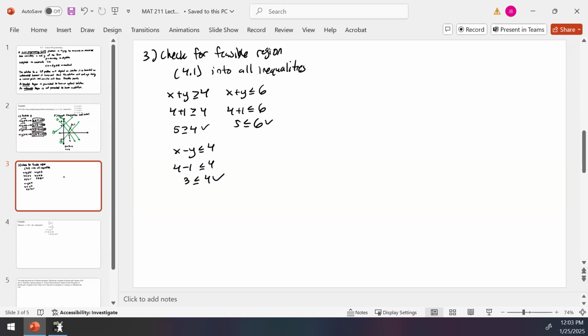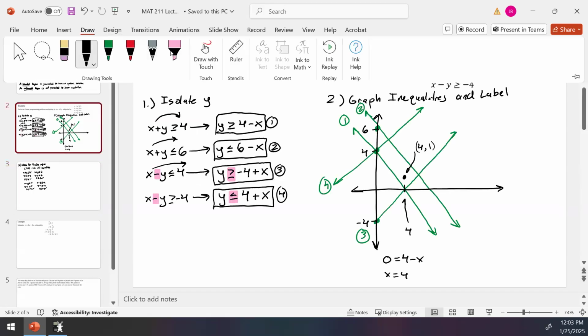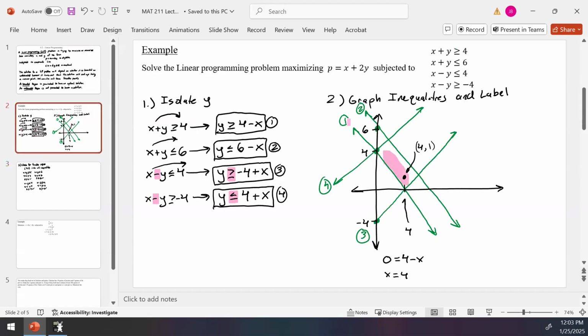And then my next one is x minus y is greater than or equal to negative 4. So 3 is greater than or equal to negative 4. So check.